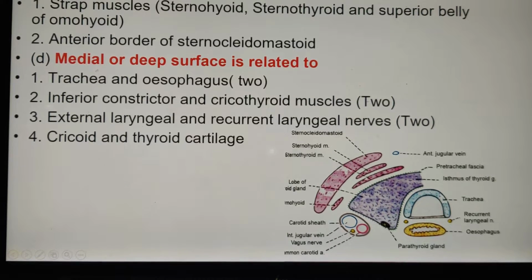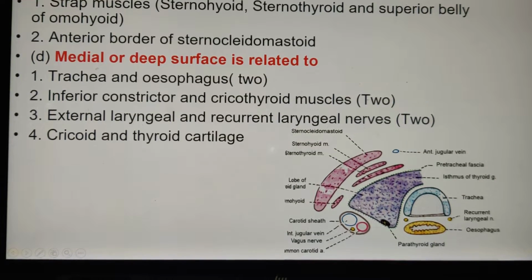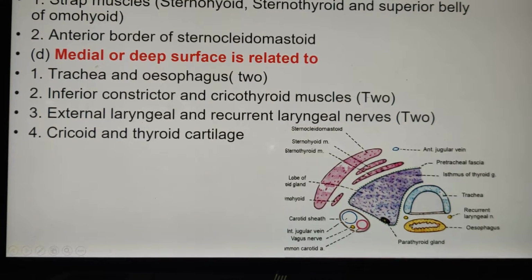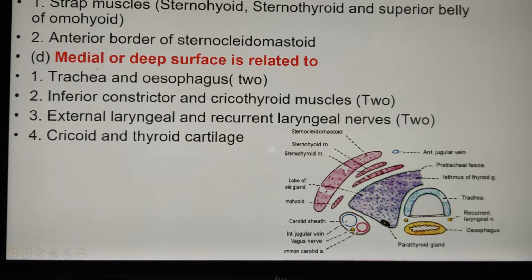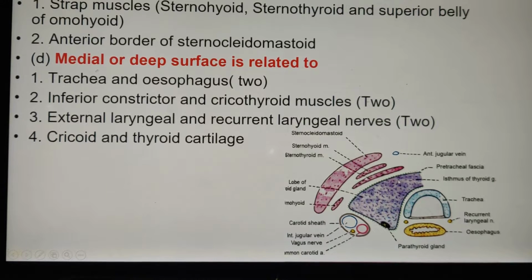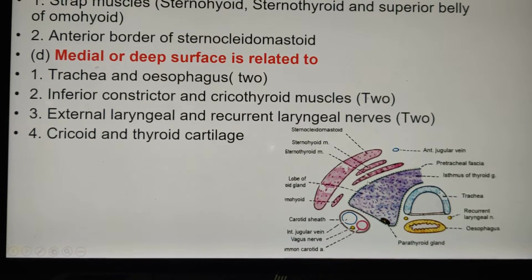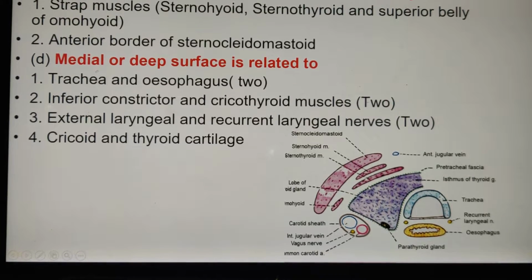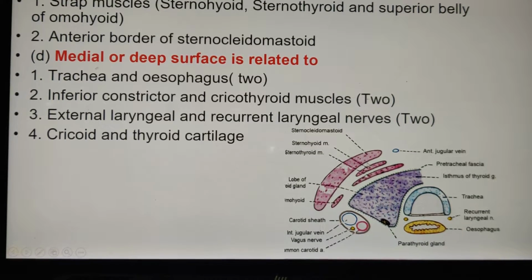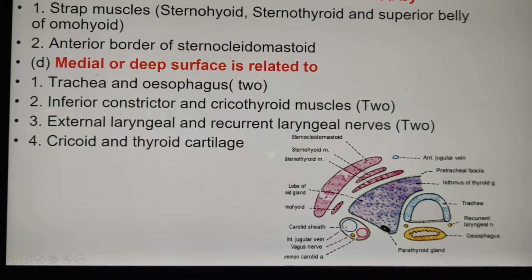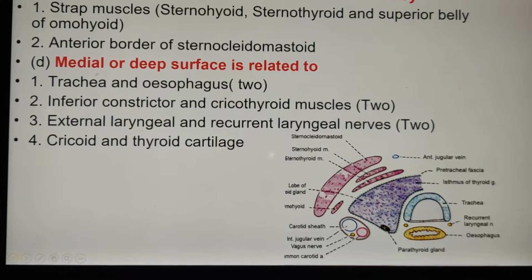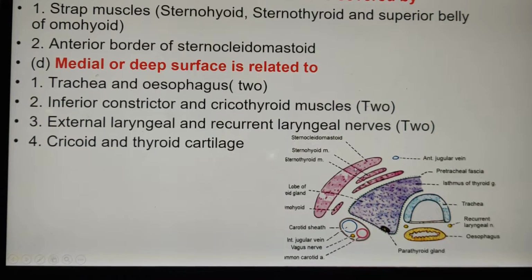The anterolateral surface is related with the strap muscles: the sternohyoid, sternothyroid, and superior belly of omohyoid, and it is covered by the sternocleidomastoid muscle.